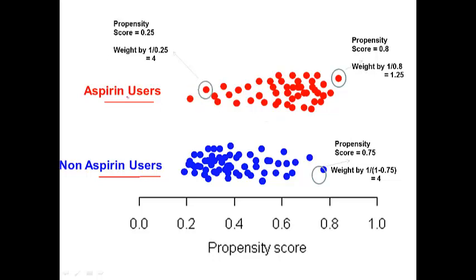This person is a user whose propensity score is 0.25, and therefore the weight is 1 over 0.25, which is 4.